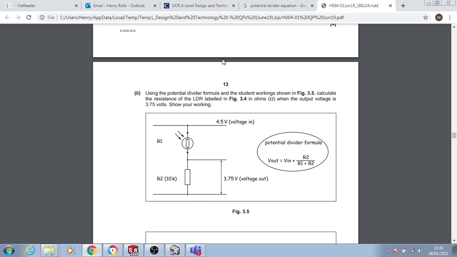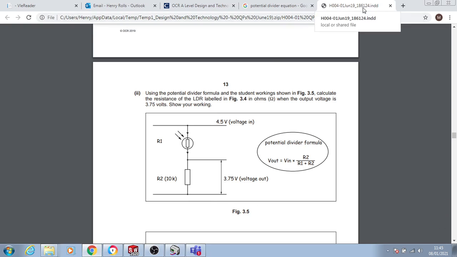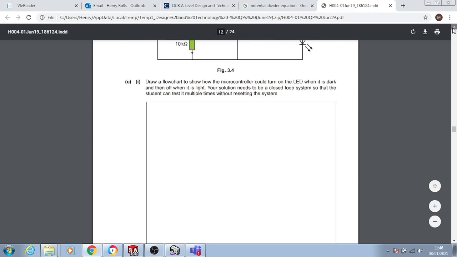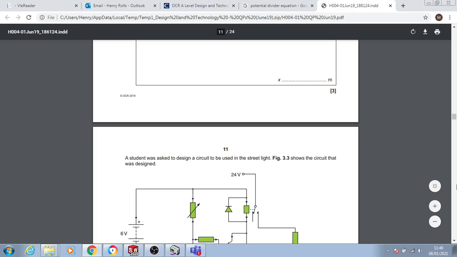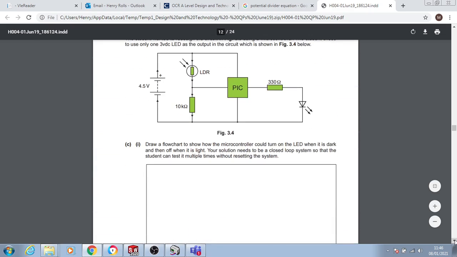So in this June 2019 question paper, you'll notice question 3, we've got, I think it is a street light or something, yeah. And it will just put your knowledge of this potential divider circuit to the test.